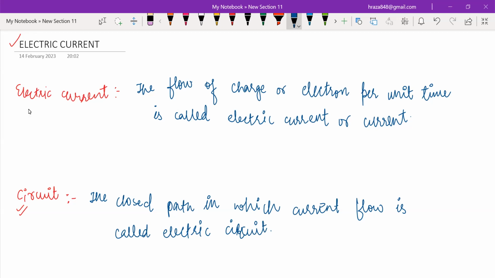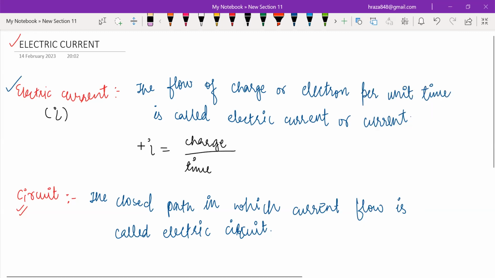Now, with the definition of electric current, I am going to have an equation. Electric current is denoted by a small I. So we can write a formula: I is equal to charge upon time. Electron is also a charge, negative charge.